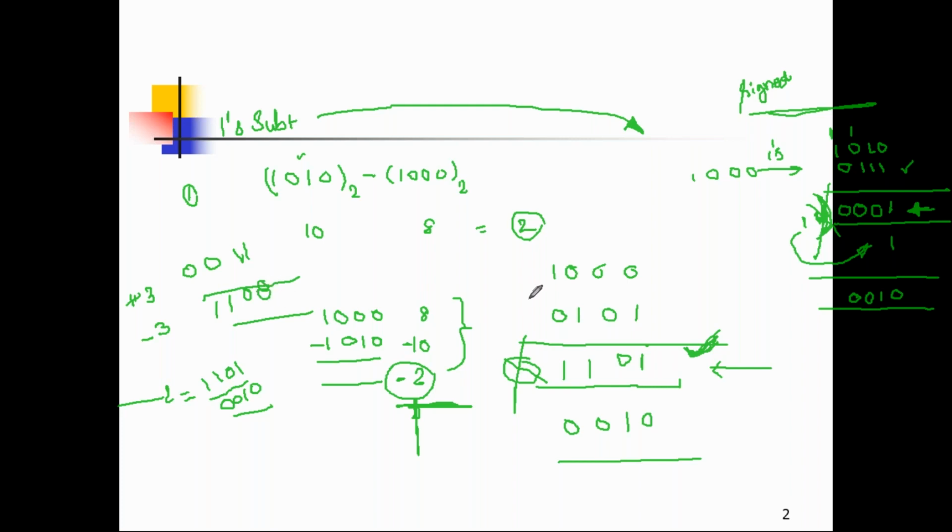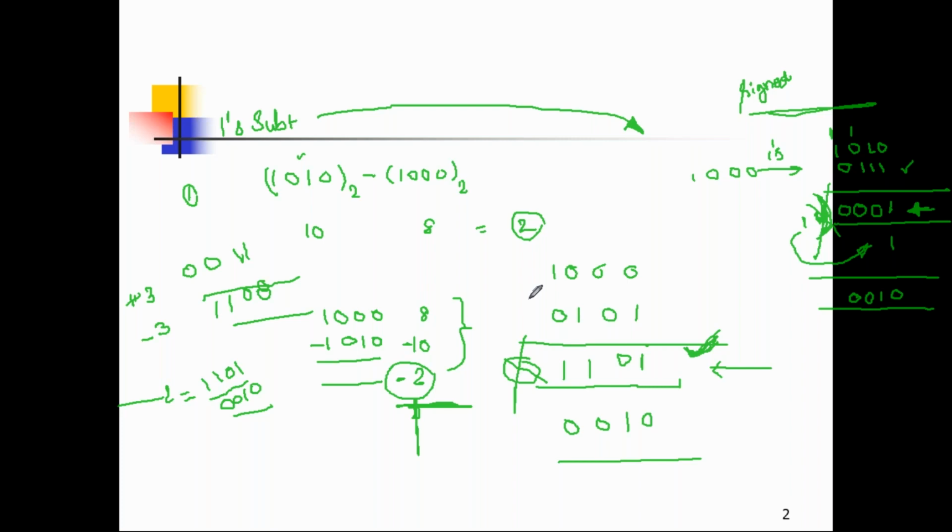So from these two examples, what is the understanding? Arithmetic can be done by using one's complement. Under that situation, there are two cases. The first case is subtraction of a smaller number from a larger number.